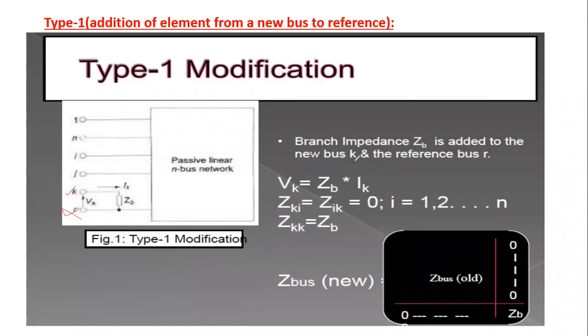New bus is K and reference bus is R. Therefore we can write the equation for the voltage. VK, the voltage across the new bus, is equal to ZB, the branch that will be added in between K and the reference.